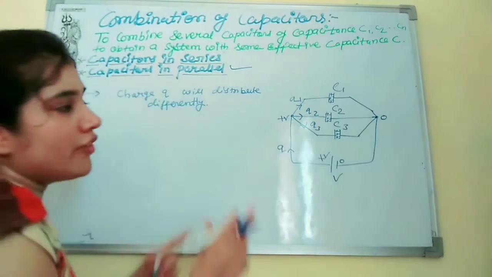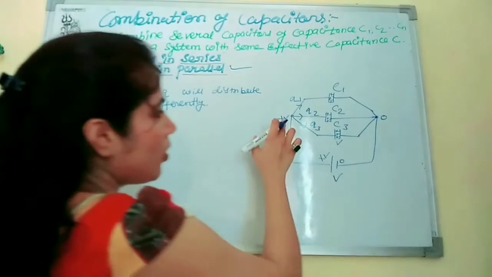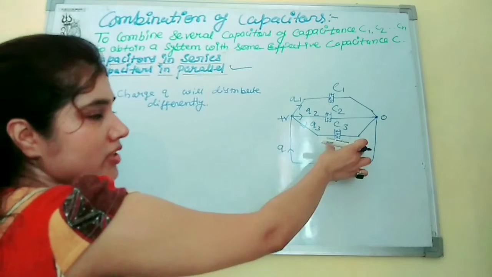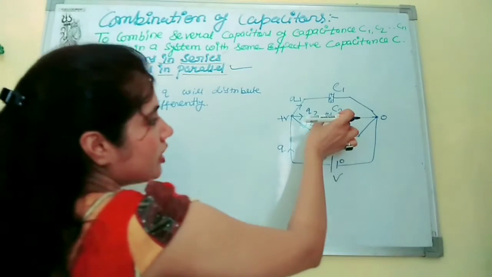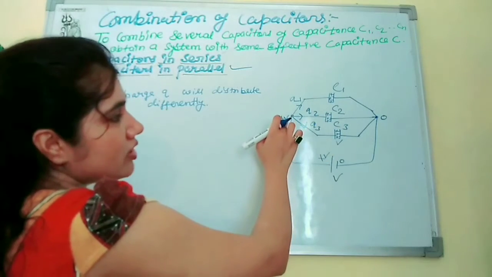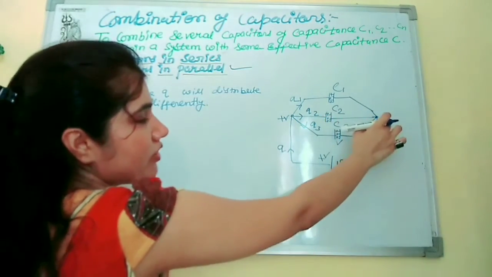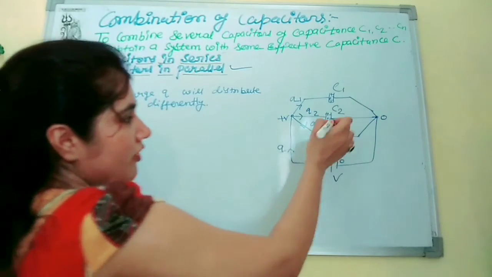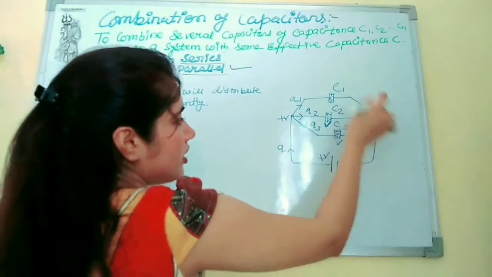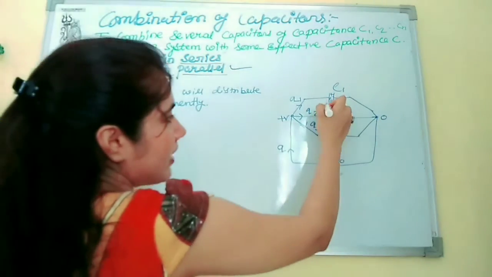So the potential difference across it will be V, positive V and 0. In this capacitor too, the positive plate is connected with positive V and the negative plate is connected with 0, so the potential difference will be V. And again here, the potential difference will be the same across the two plates, that is V.